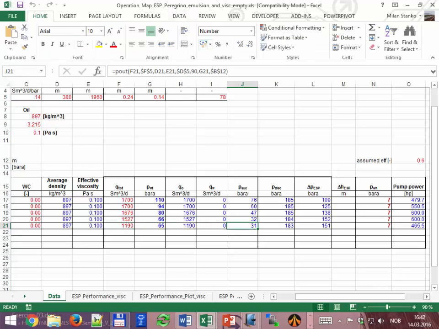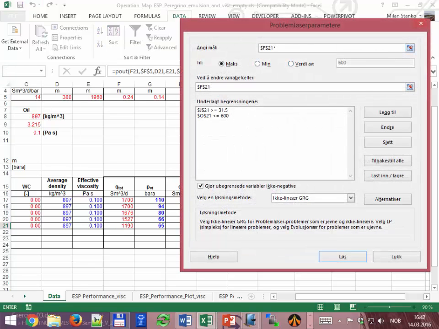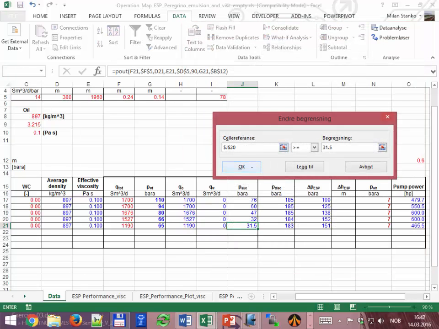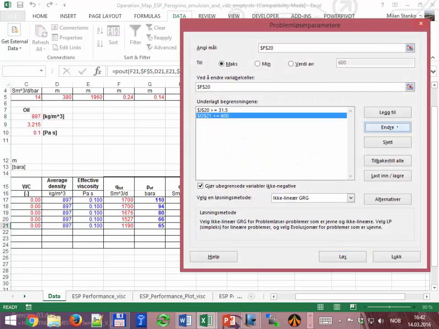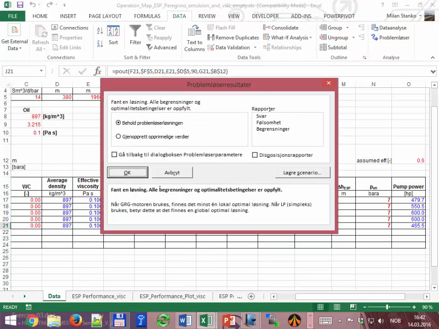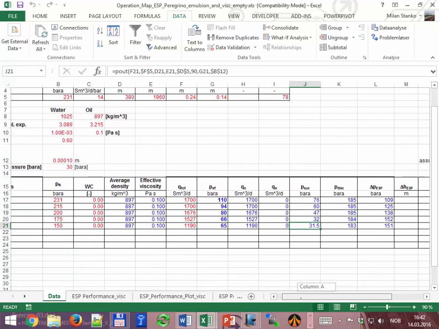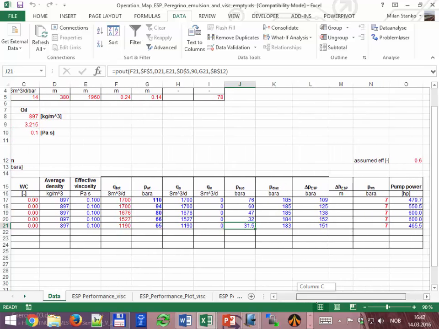I think if I increase here, okay, 31.5, and we should repeat that also for the previous point. 20. I think the value will be exactly the same, but just in case. Okay. Yep, by some coincidence, at that particular pressure they reach the same suction pressure.